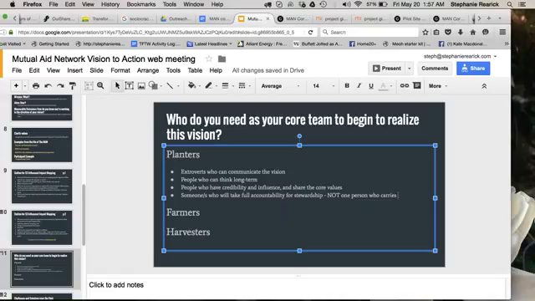So, can I just add to that first sentence as well? Who can communicate the vision and network? I think that's another really key part of that person, the networking side of things. So they're good at networking. Is that what you mean? Yeah, good at networking.